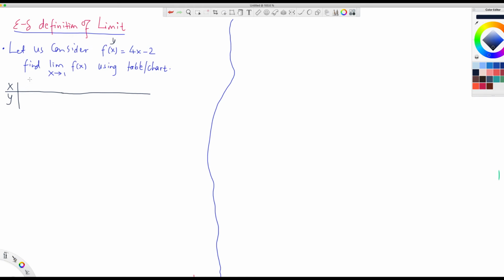Then I will see where the values of y approach when you approach 1 from the left side and the right side. So I want to find the values at 0.9, 0.95, 0.99, and 0.999.